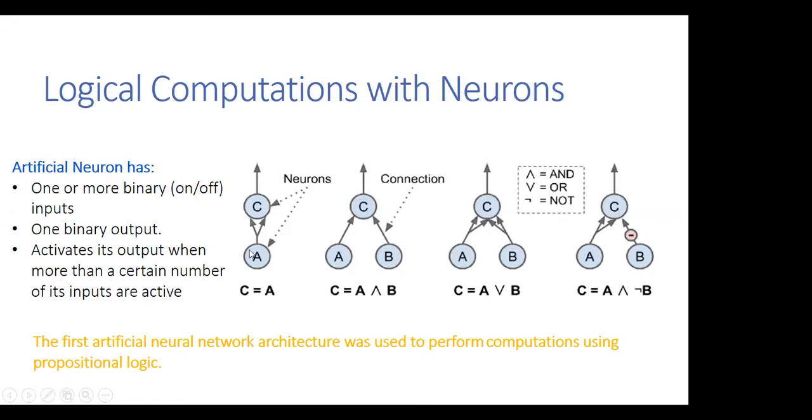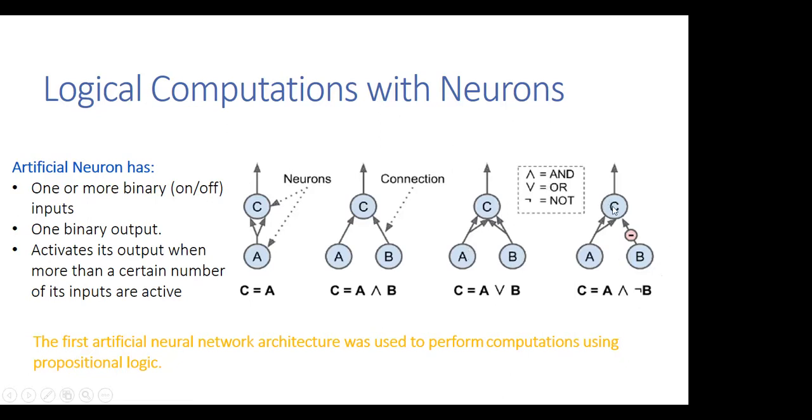So C is active when A is active, because it receives 2 signals from A. And here is the logical AND. C is active when both A and B are active. And here is logical OR. C is active when either A or B or both of them are active.